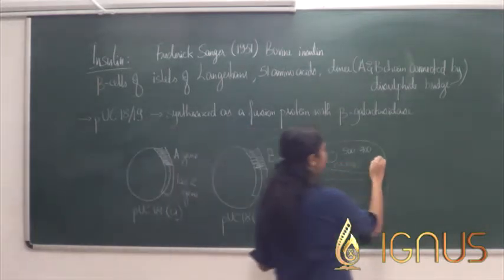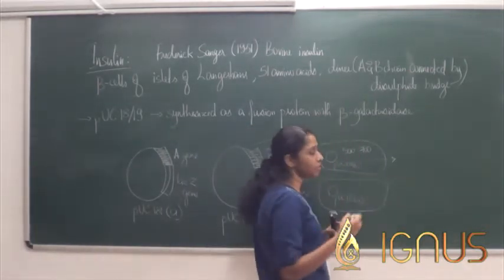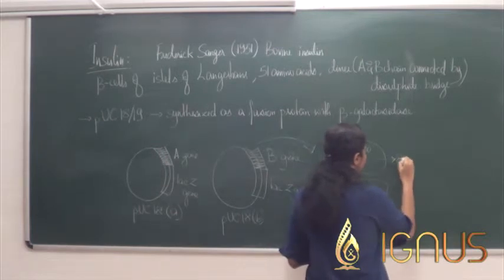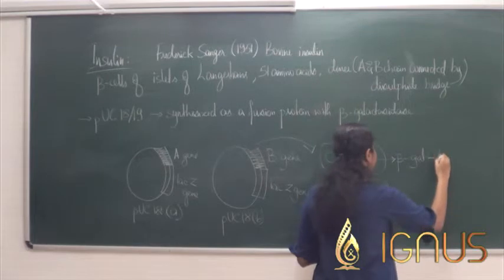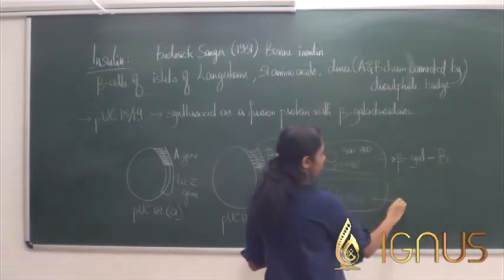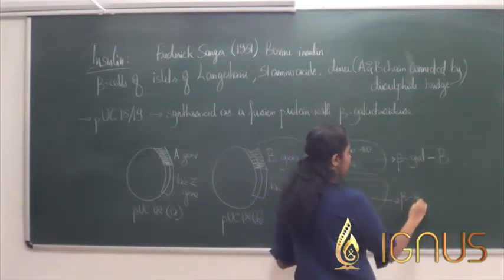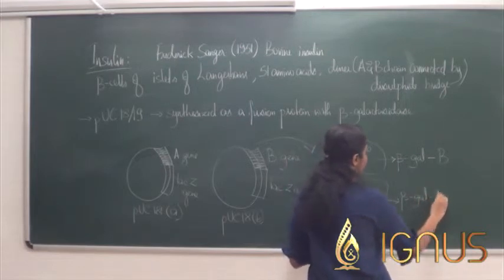So this bacterial cell is going to give rise to a fusion protein which will be beta-galactosidase attached to the B subunit, and this one is going to give rise to beta-galactosidase attached to the A subunit.